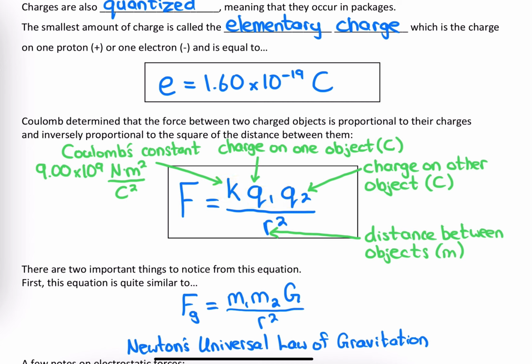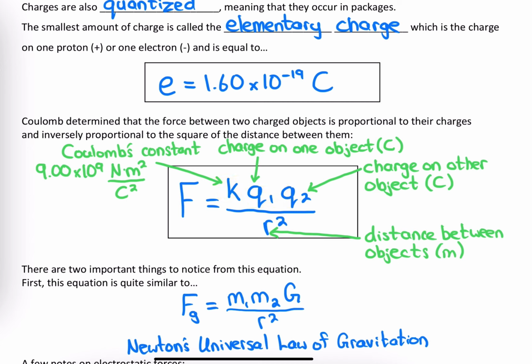Everything positive, and you'll get a positive number for F, and that tells you the magnitude of the force. The direction, you figure out on your own, using the knowledge you have that opposite charges will attract and like charges will repel.